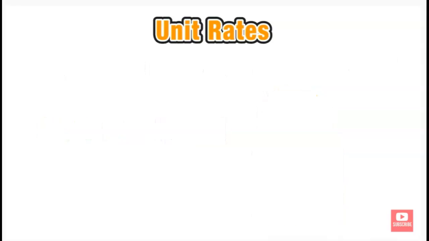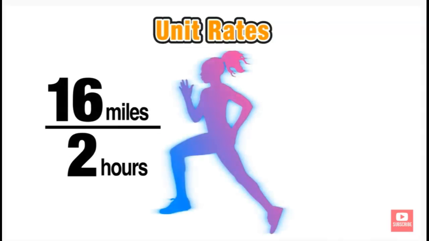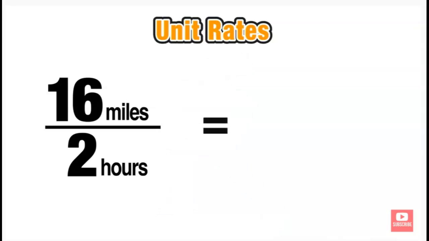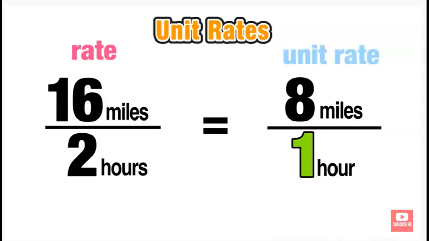So now when we want to find unit rates, we're going to use proportional relationships. In our example with the distance runner, 16 miles in 2 hours was equivalent to 8 miles in 1 hour, or 8 miles per hour. So we went from a rate to a unit rate.